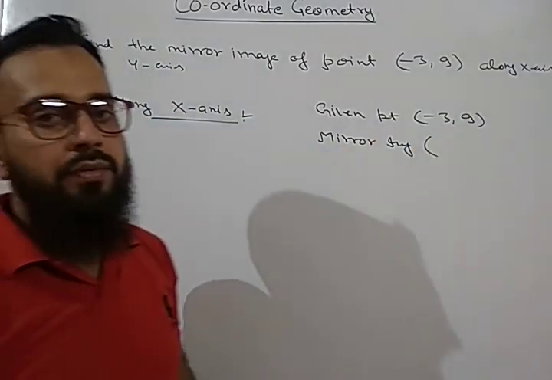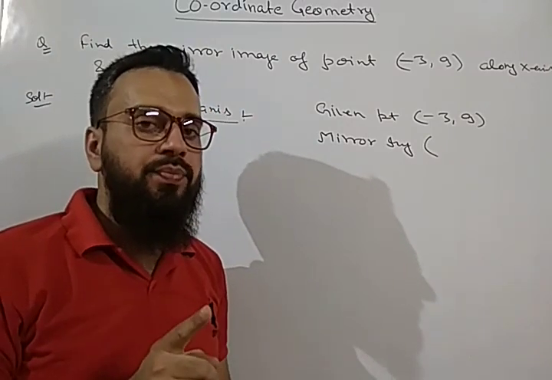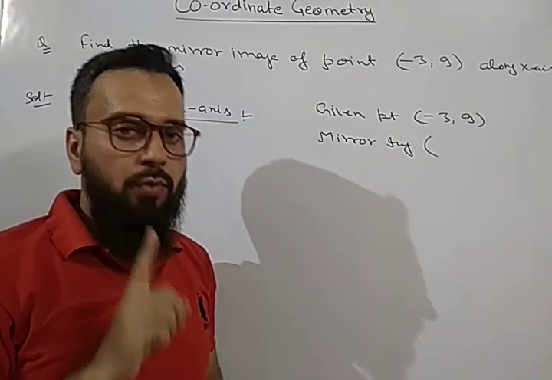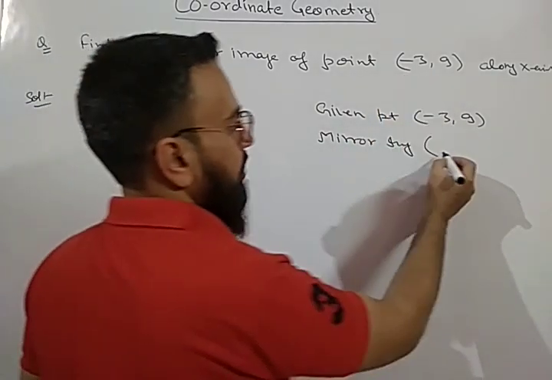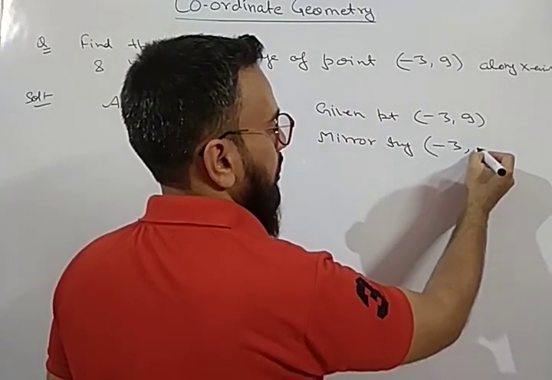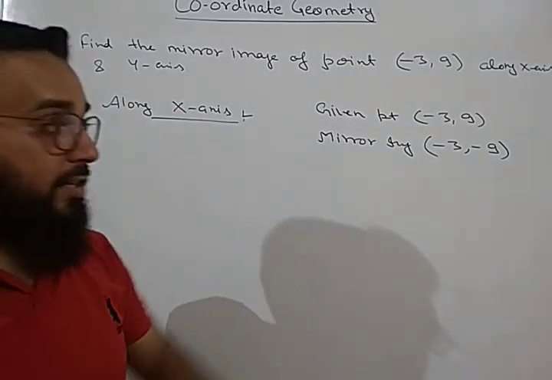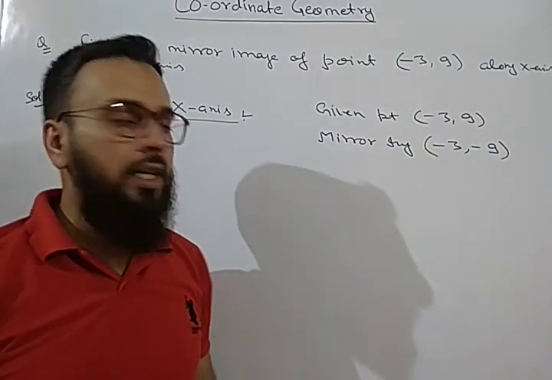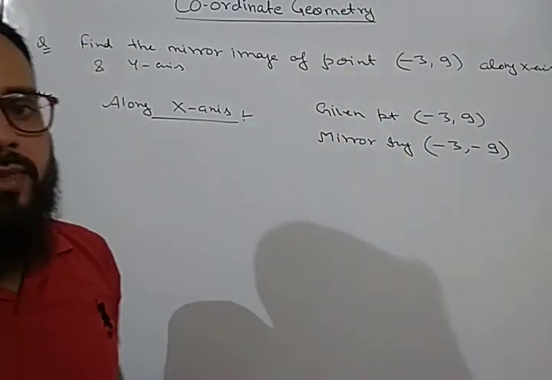When we take the mirror image along x-axis, which coordinate changes? Only the y coordinate changes in sign, x coordinate remains same. So what will be the mirror image of this point? It will be minus 3, minus 9. The x coordinate will remain same, only the sign of y coordinate will change. So this will be the mirror image of this point along x-axis.